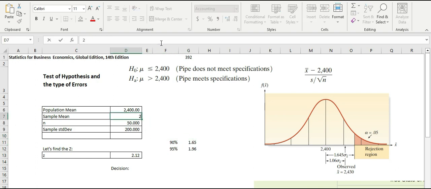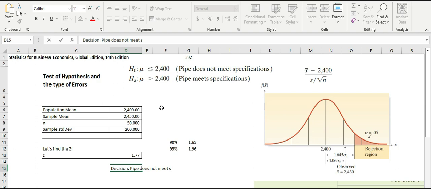So we will accept the null hypothesis. If the answer is 1.77, the pipe does not meet specifications. This is at the 95% level.